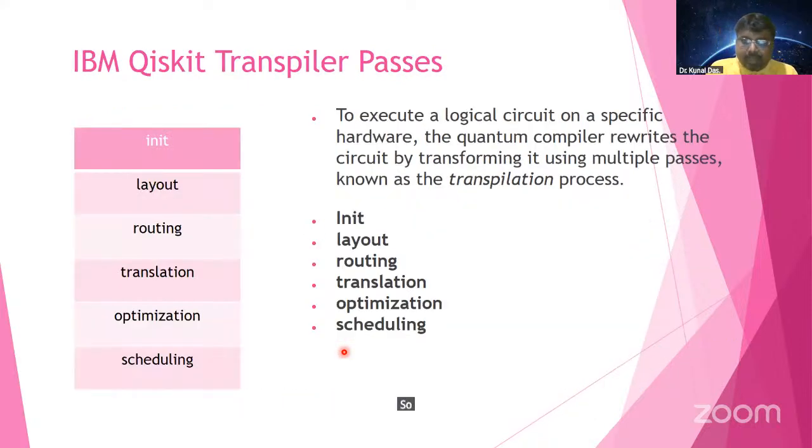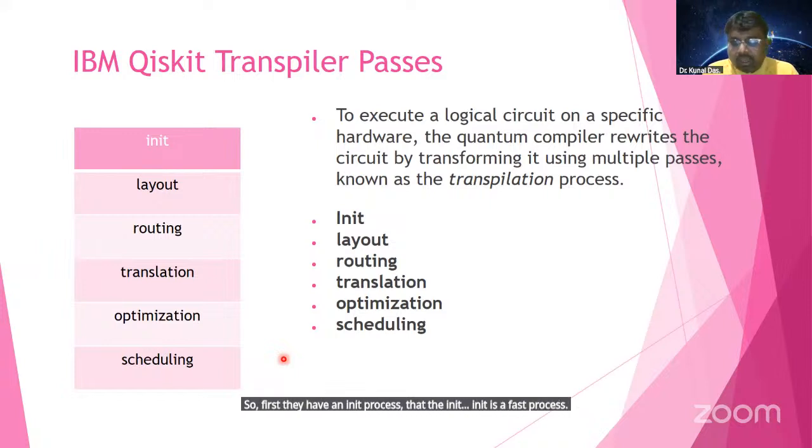So in IBM Qiskit, the transpiler passes through the following stages. First they have an init process, which is a fast process. The second is the layout process, the layout stage, which is basically the initial stage.